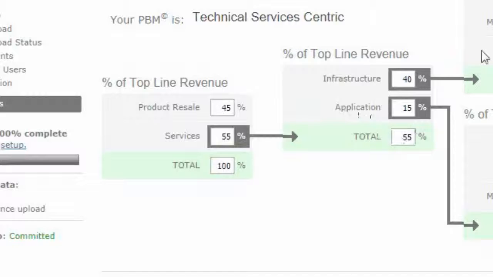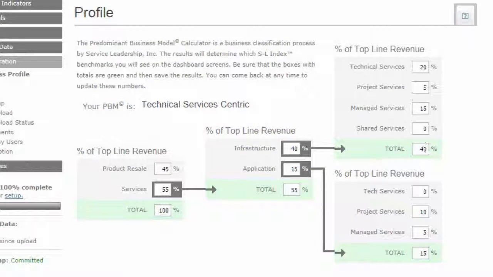And then infrastructure, typical in this case, a typical IT service company. So split this 40% up so that you've got then a representation of the percentage of total revenue for the last year, and then the largest number then determines what your predominant business model is.